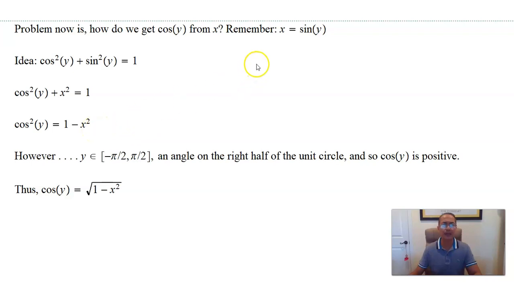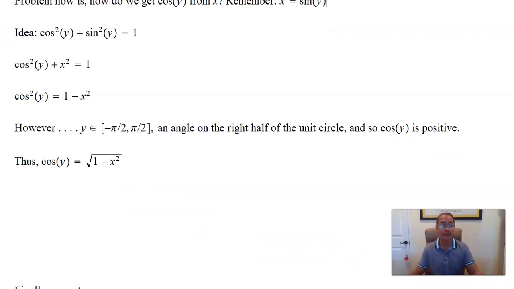Okay, but remember now, y is an angle on the right side of the circle between minus pi over 2 and pi over 2. So in that interval, the cosine is positive. Okay, so instead of using plus or minus the square root of 1 minus x squared, the cosine of y is simply the square root of 1 minus x squared.